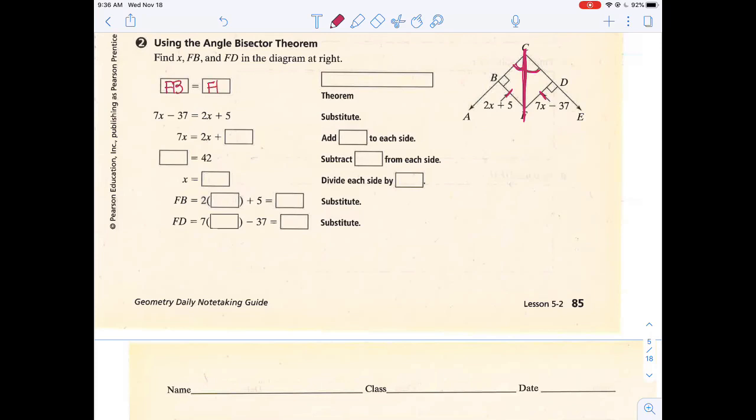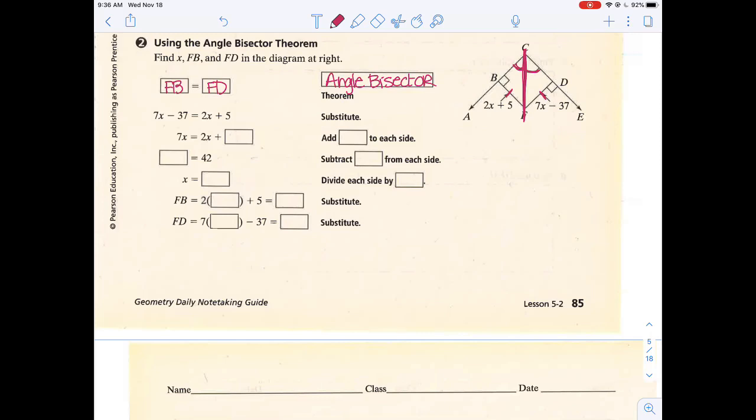FB equals FD by the angle bisector theorem. Since we knew that angle was cut exactly in half, we know those lengths are equal.